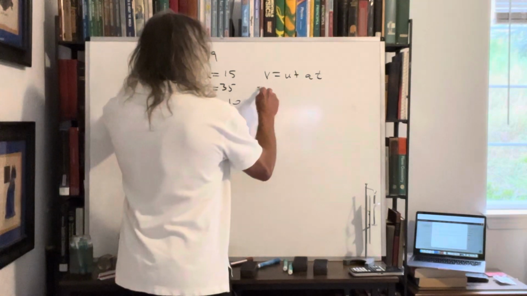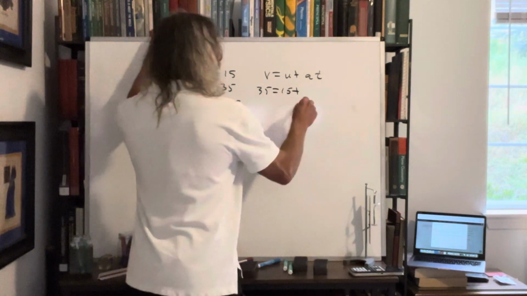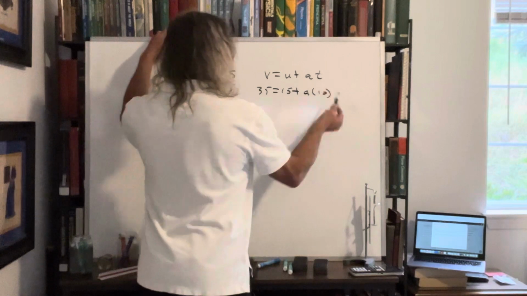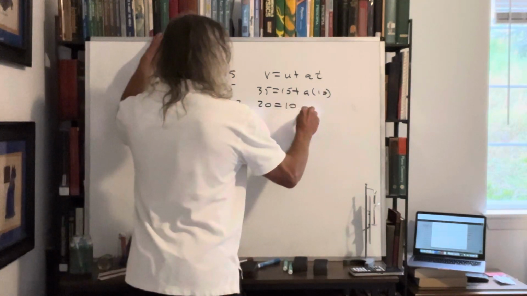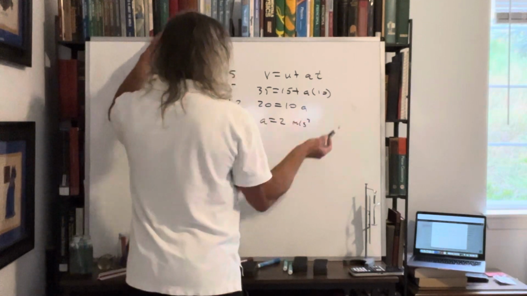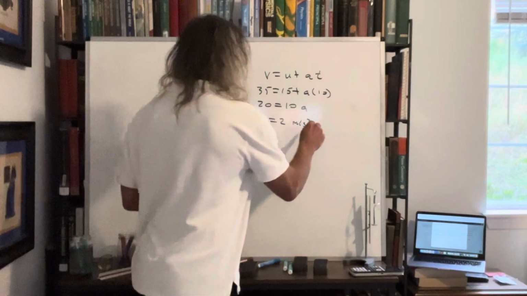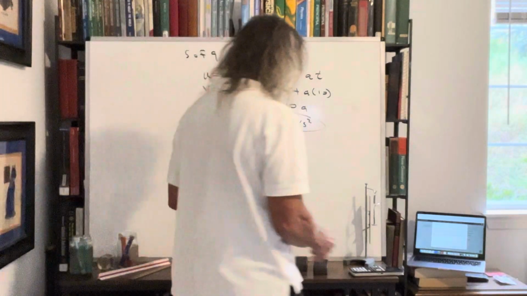So, 35 equals 15 plus A times 10, subtract the 15, divide by 10, 2 meters per second squared. That is our answer. Okay.